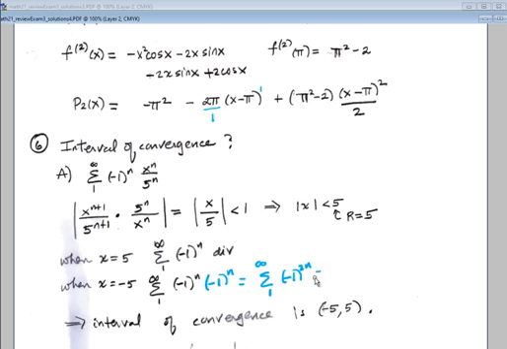So this time we're just adding up a bunch of 1s. Definitely diverges. Okay, this one we had minus 1 plus 1, and then minus 1 plus 1. It still diverges. So this is the interval of convergence.